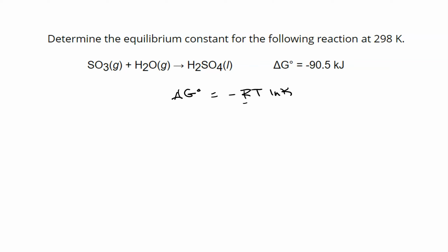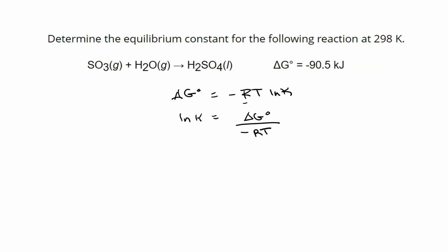And we are trying to solve for K. So what I'm going to do right away with this is just isolate the natural log of K. And then once we've solved for the term, we'll eliminate the natural log.